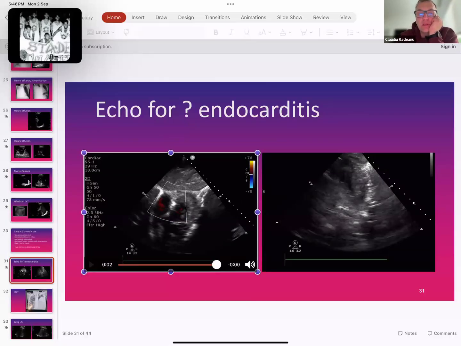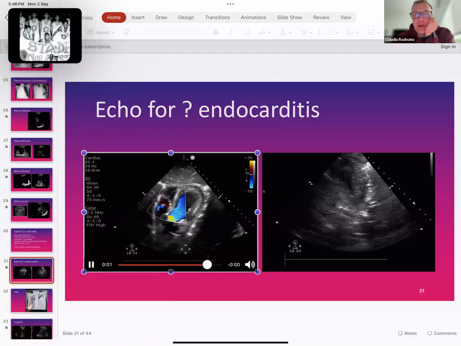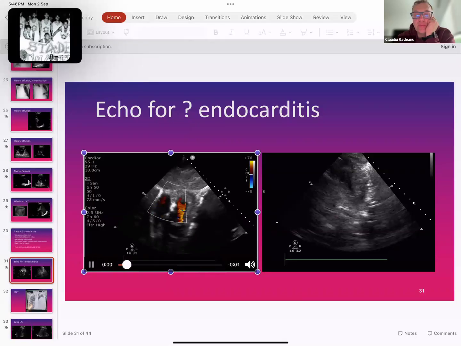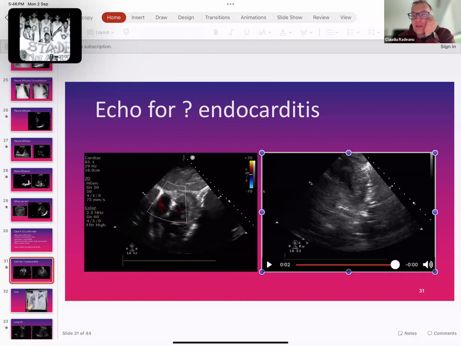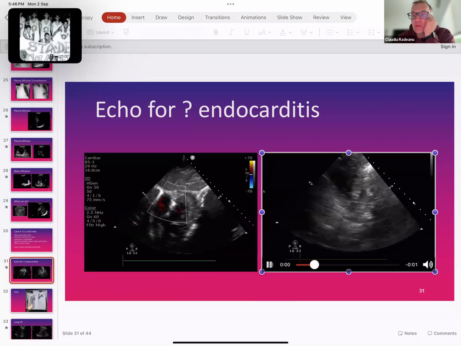All right, so this is the heart. This part is the liver. But what I was noticing is that in this structure, there is something in the lung that compresses the left ventricle. This is an echogenic structure here, more tissue-like, and I have it in this image here as well.